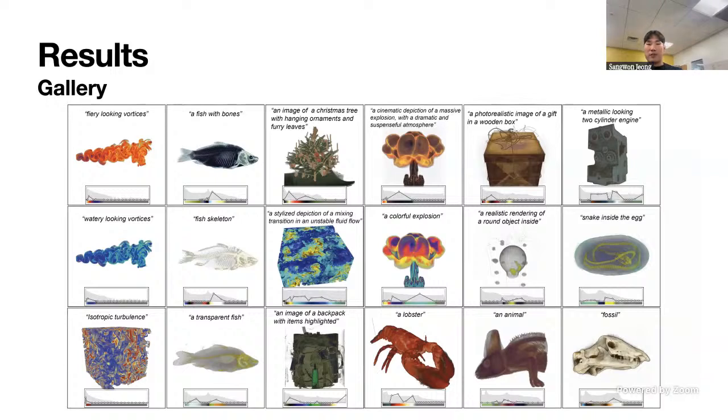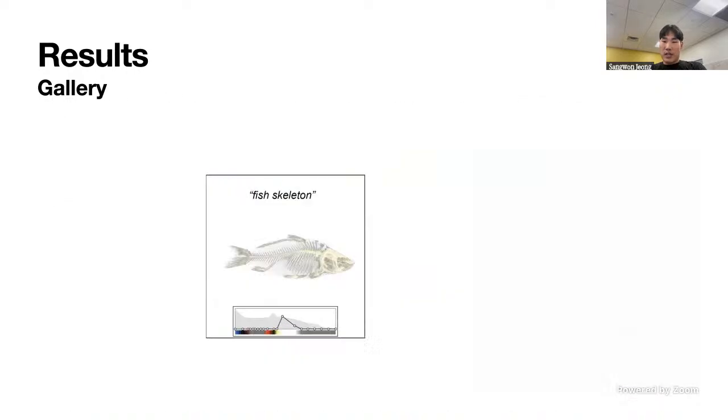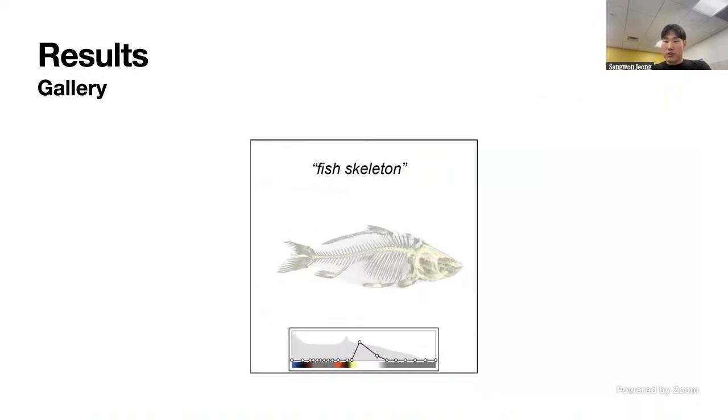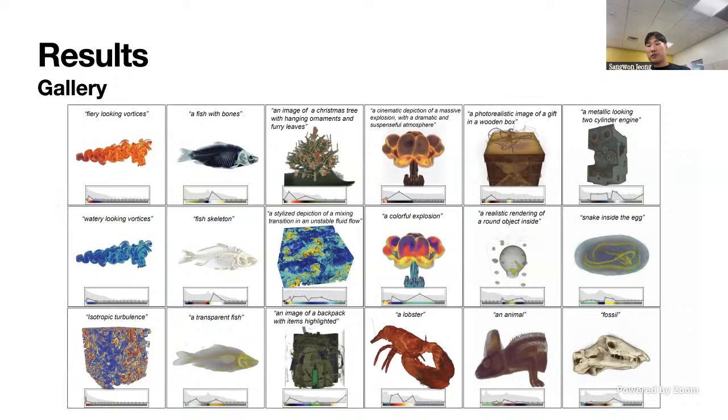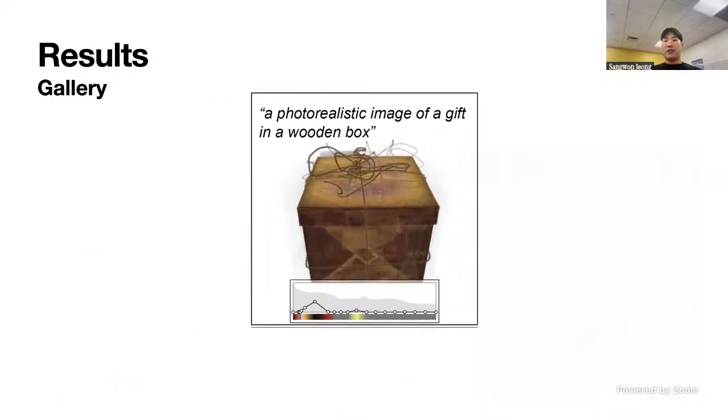Next, we'll dive right into results. Here we present a gallery of rendered volumes, demonstrating T2TF's effectiveness across various types of volumes. For example, users can prompt internal structures such as skeleton or organs, as shown in the fish example here. In another case, users can prompt materials like the wooden gift box, where T2TF accurately finds a color function that matches the description.